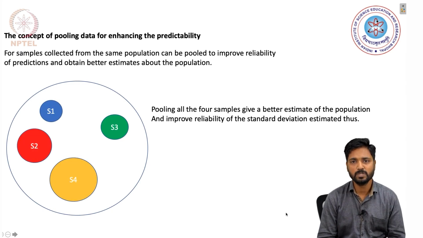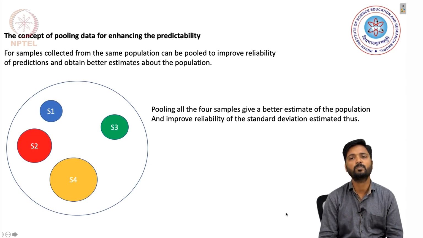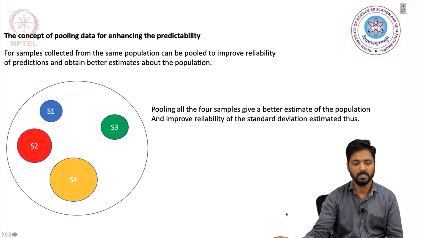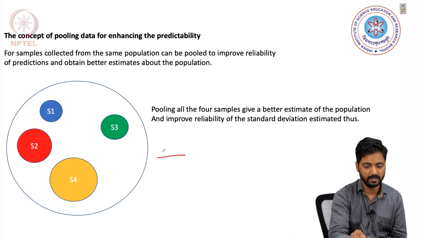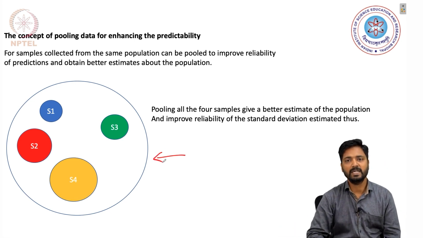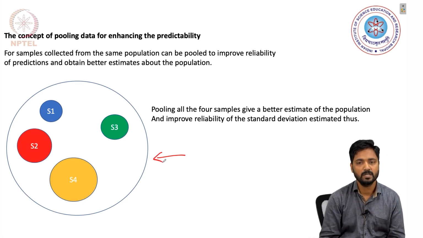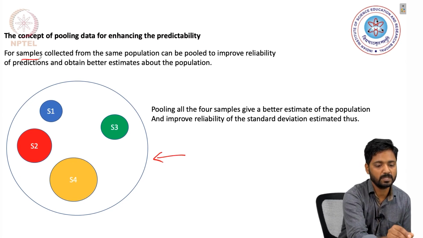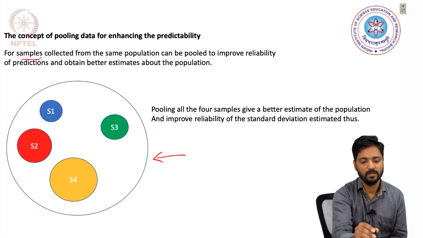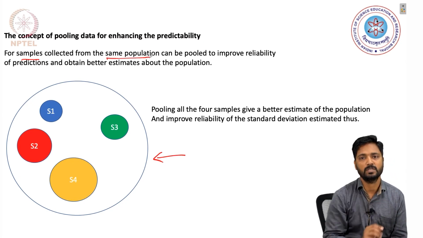So let me first talk to you about the concept of pooling data to enhance predictability. This concept is illustrated by this Venn diagram. Before that, it is again very important to understand that this pooling of the data can be applied only for samples that are collected from the same population.